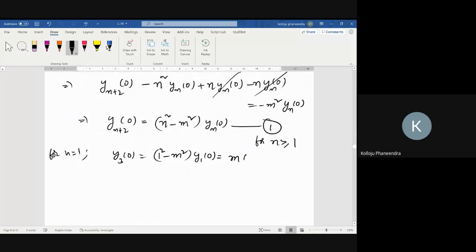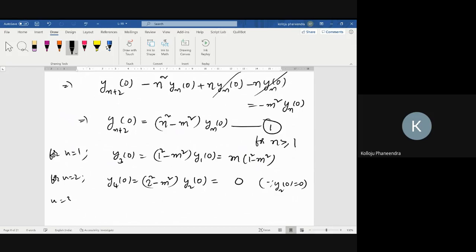So m into 1 square minus m square. For n equal to 2, y4 0 equals 2 square minus m square into y2 0. I think y2 0 is 0, right? y2 0 is 0. So this part is 0.